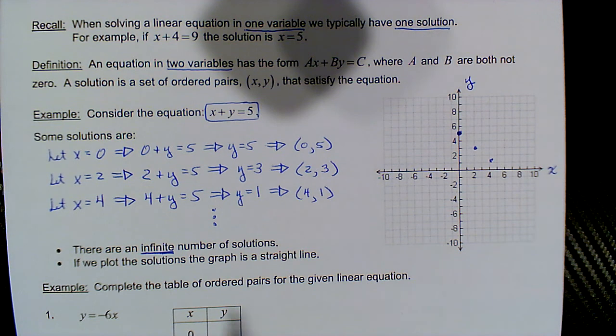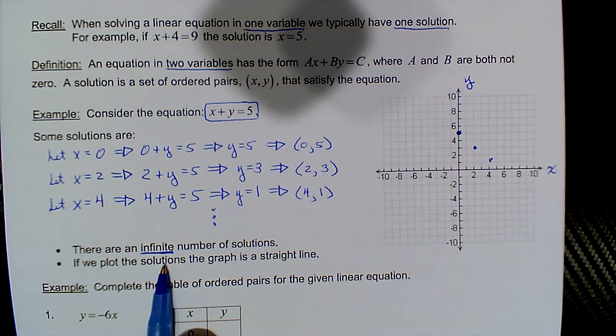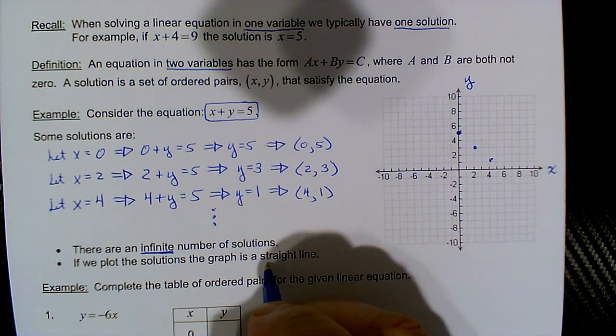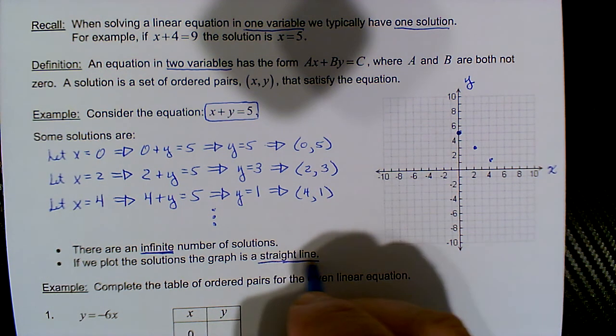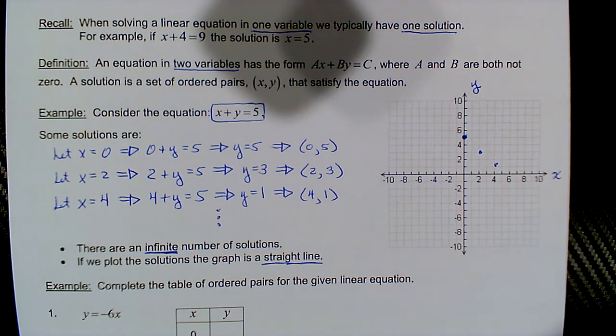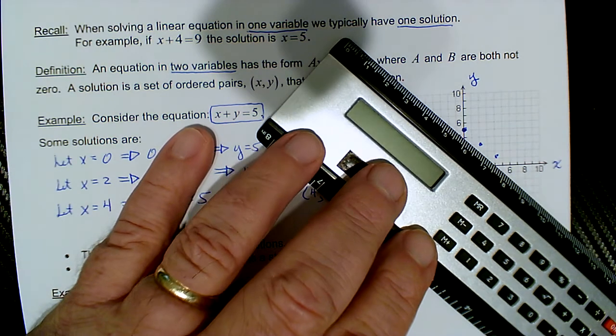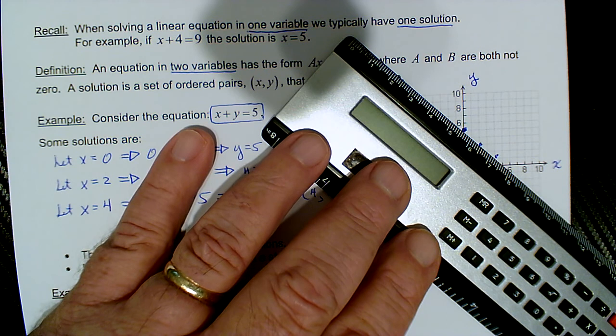Okay? And if we plot these solutions as we've plotted those points, the graph that we get is a straight line. So you could see that these 3 points all line up neatly, and if you found more, they would line up neatly as well.